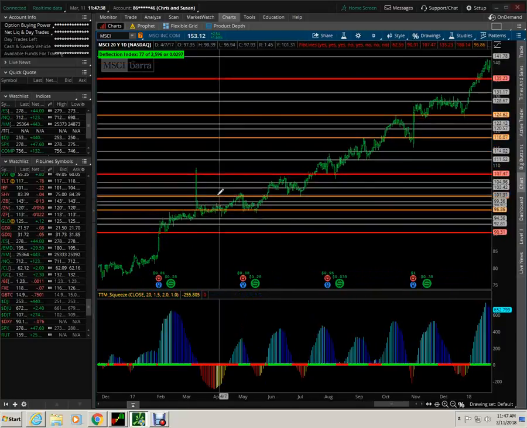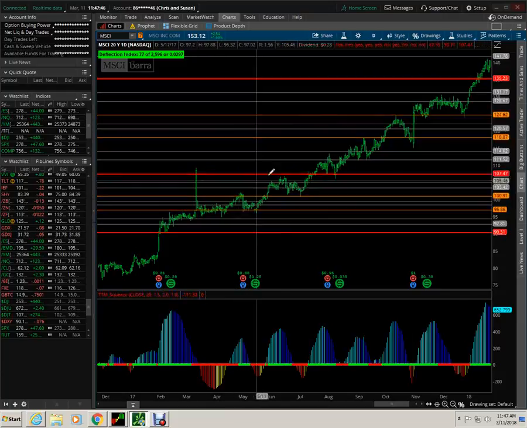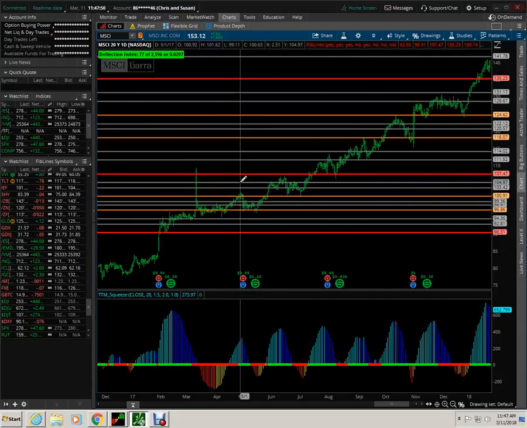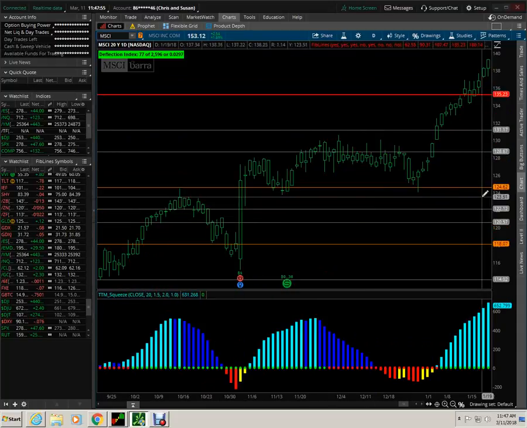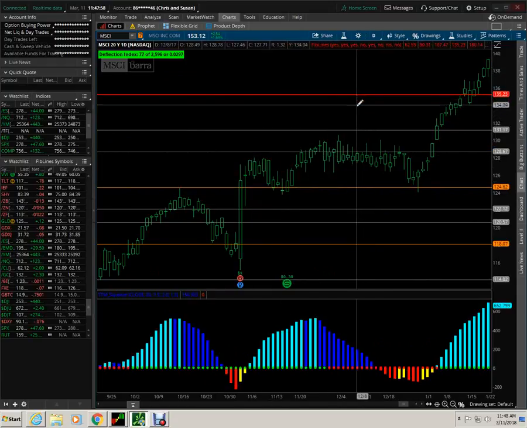Orange lines are drawn at the 0.382 and 0.618 intervals of those larger lines. And then other lines are drawn at a level below that. And you'll find very often these lower lines are also area support and resistance that you'll find on a smaller time frame.